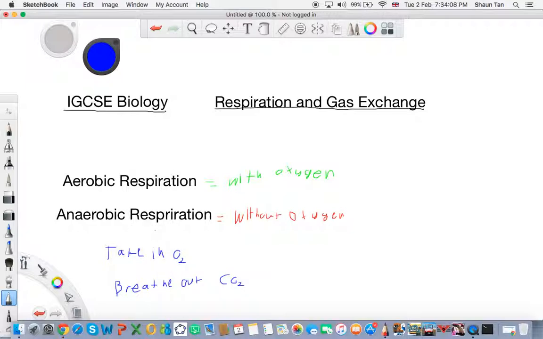So when you do respiration, you basically take in O2 and breathe out CO2.